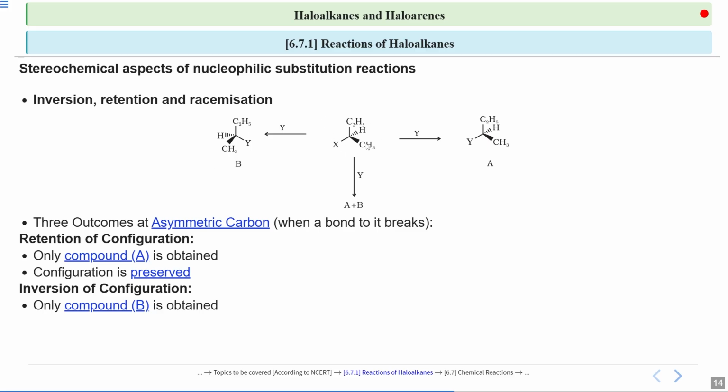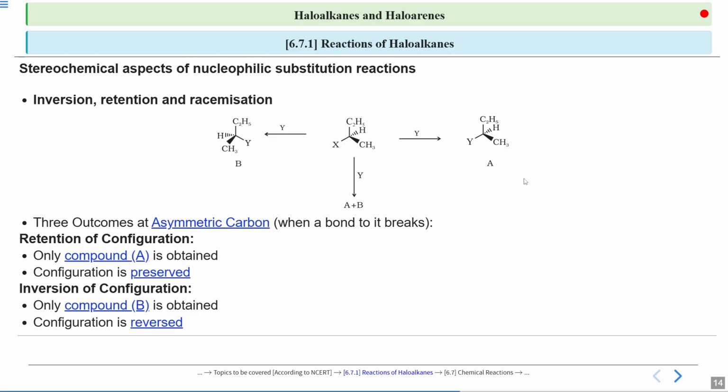You can compare the main reactant with product B: the spatial arrangement around the asymmetric carbon is reversed in B. So when inversion of configuration is the outcome, you obtain only compound B, where the configuration is reversed compared to the main reactant.